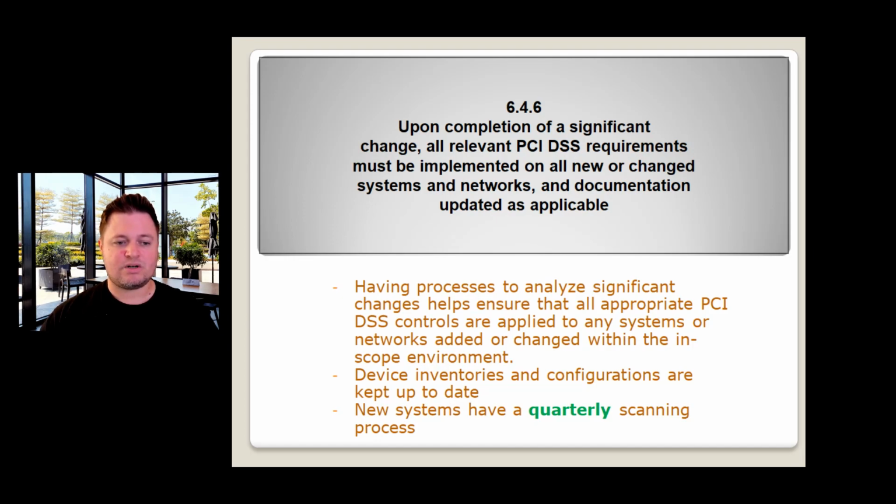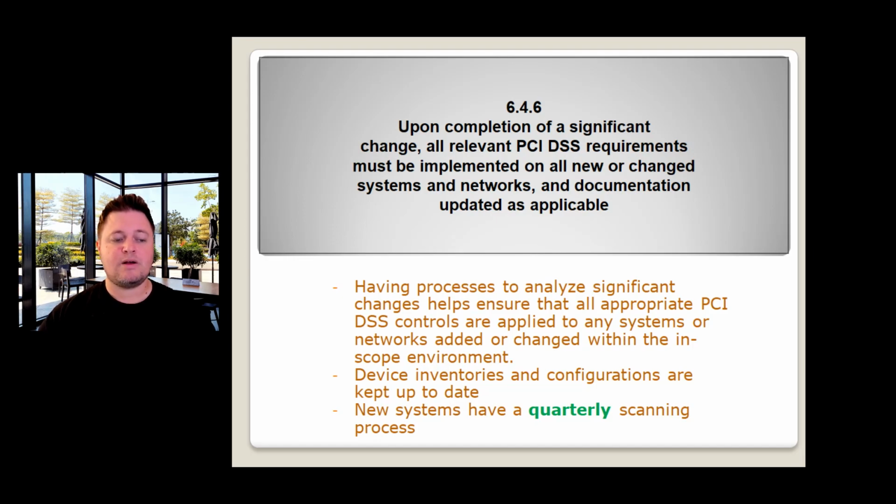Device inventories. Your device inventory and configurations will change during changes. So the more changes or the more devices you add, the more stuff you have to jot down. If you remove a device, document that you removed it and any updated configuration. Maybe a configuration says block this router, but you removed that router. Why would you still have that configuration to block a router that's no longer there?